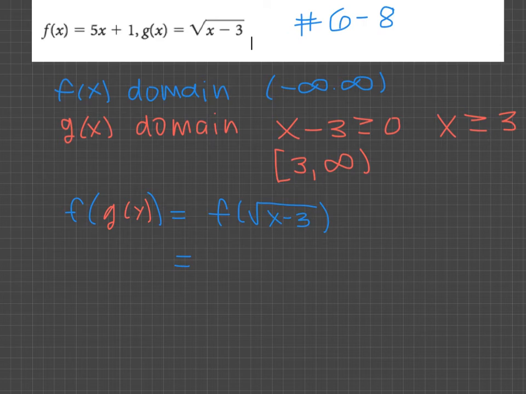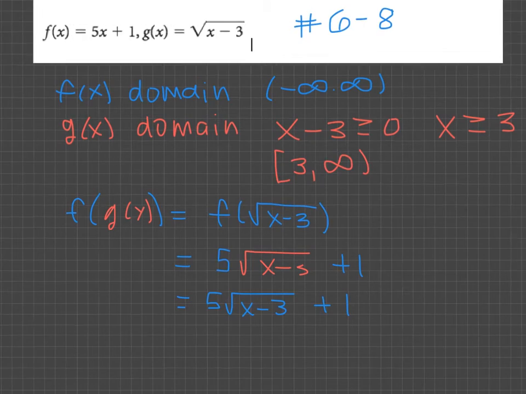So in f, we replace x with square root of x minus 3. And then we've got the plus 1. The plus 1 doesn't go underneath the square root. That's separate. And there isn't really any simplifying we can do here. So our final function, f composed with g, is 5 times square root x minus 3 plus 1.